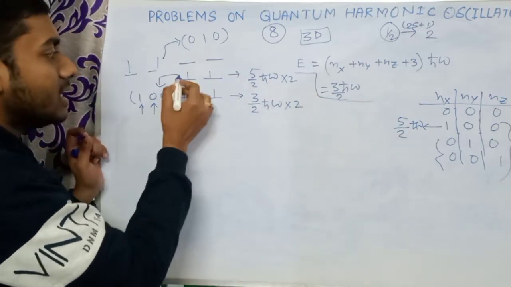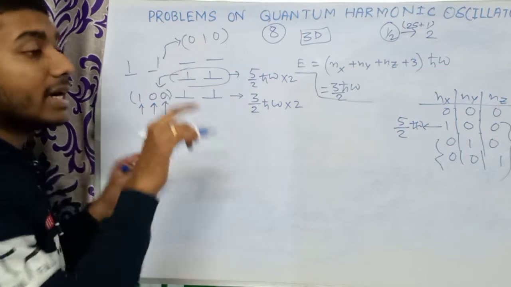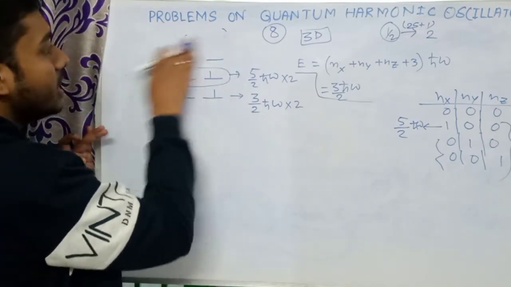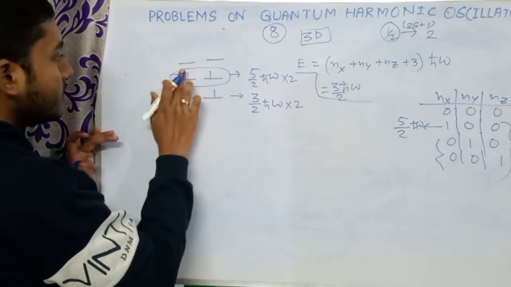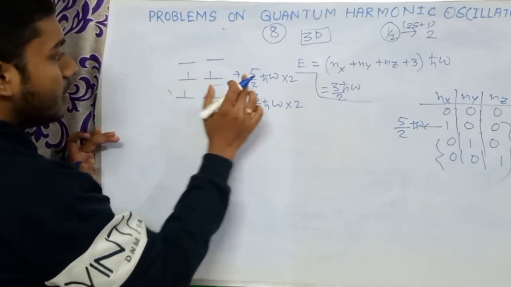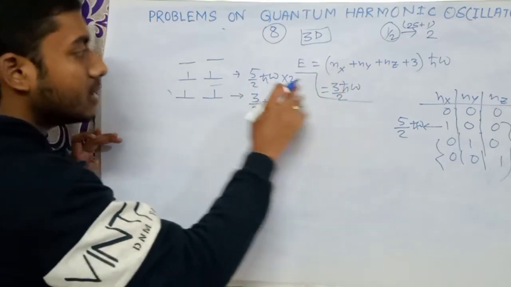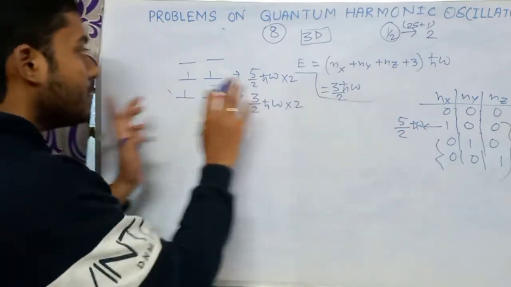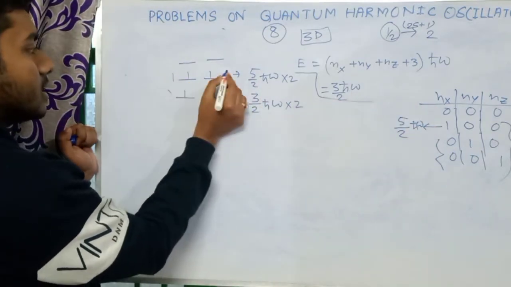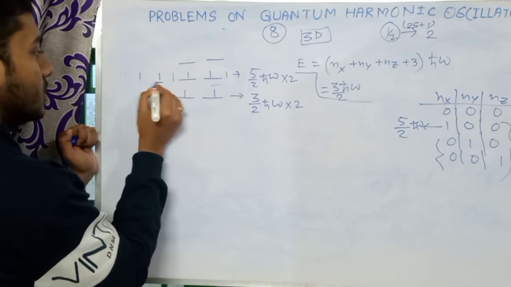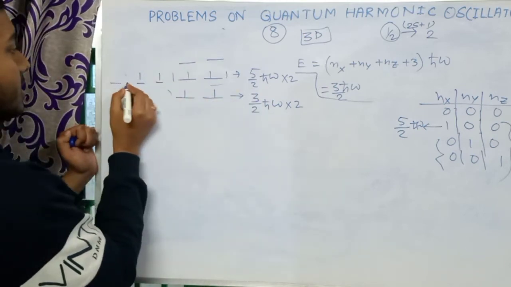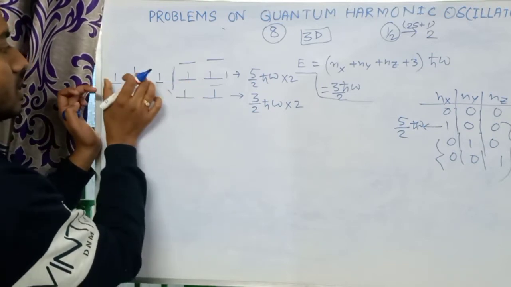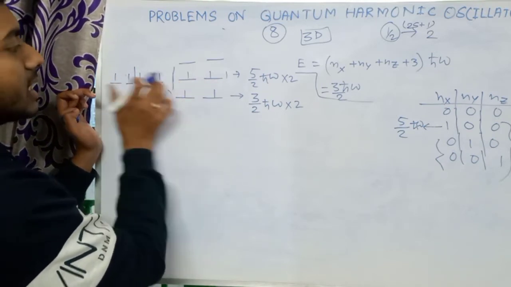That means, like this configuration, there are two additional configurations. So I want to say that in the 3D quantum harmonic oscillator, the energy of the first excited state, that is 5/2 h cross omega, is not only this one, but there are additional ones too. So this is our first excited state.